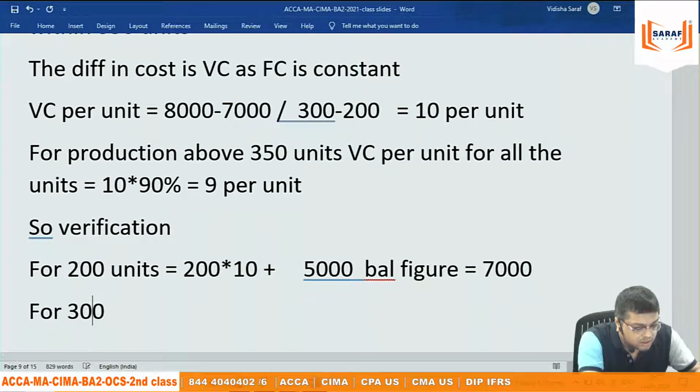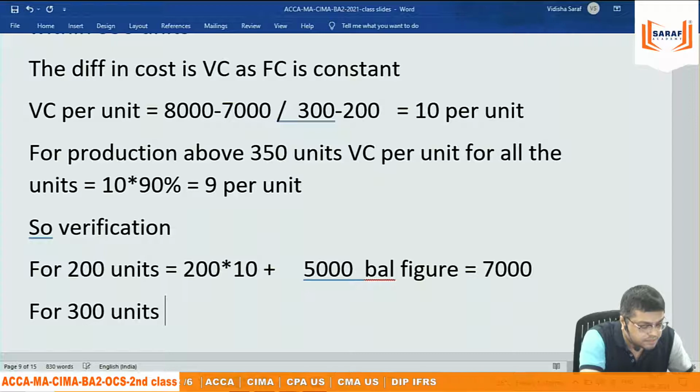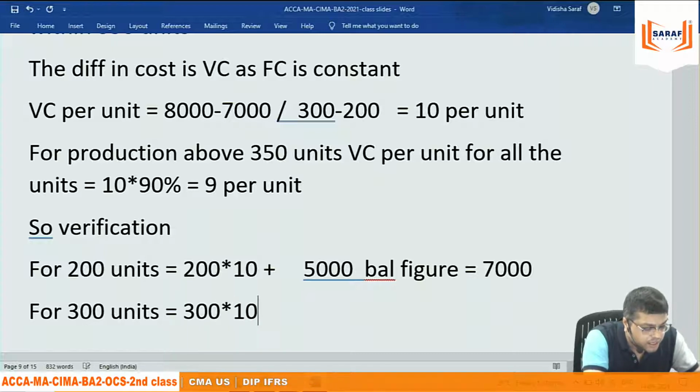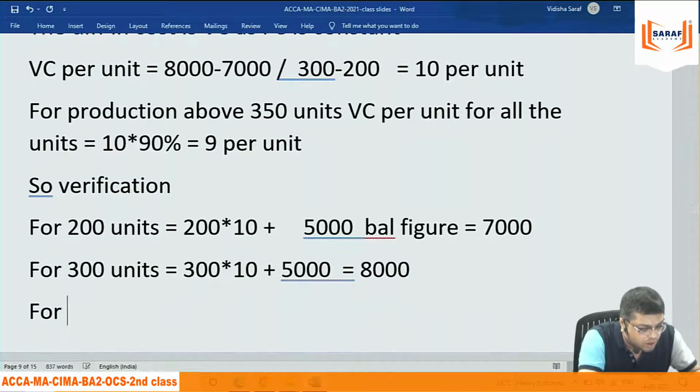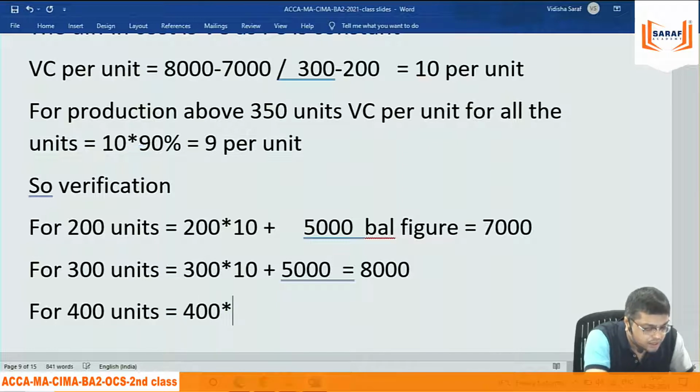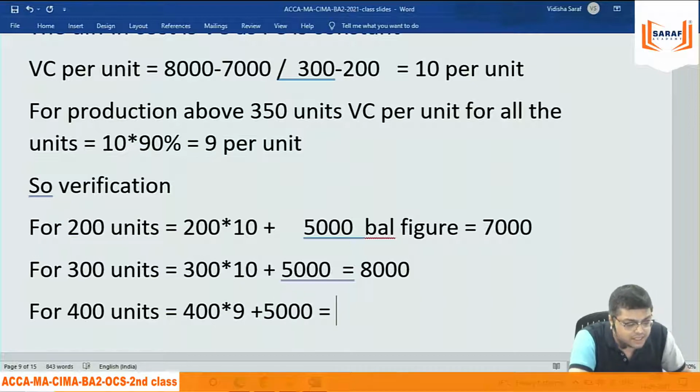For 300 units, it is 300 into 10 plus 5000. So it is coming 8000. For 400 units, it is 400 now into 9 plus 5000, as they have not said there is a change.